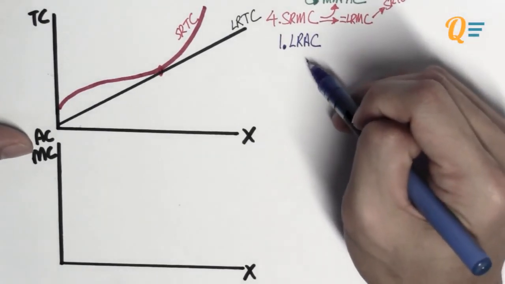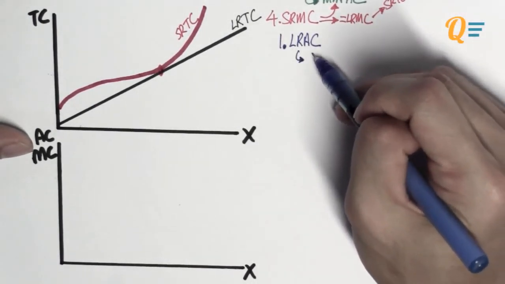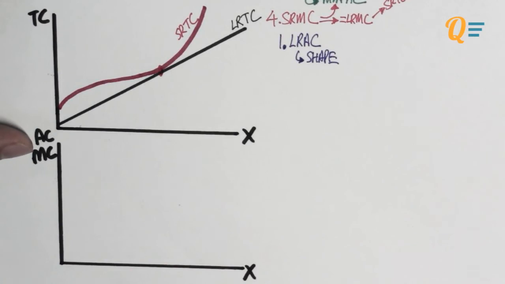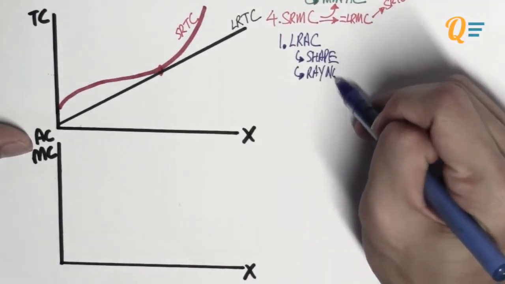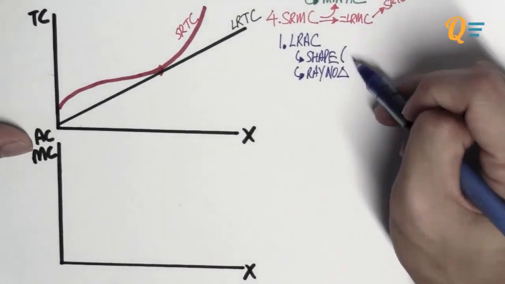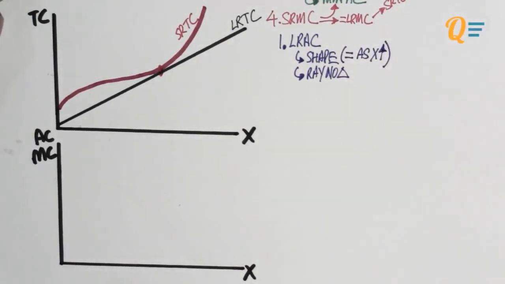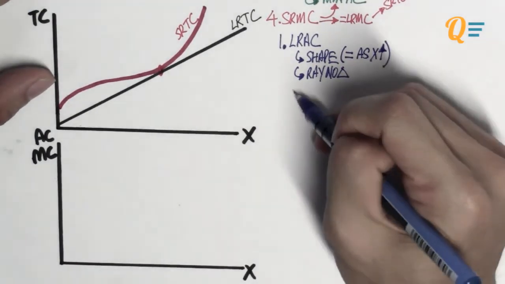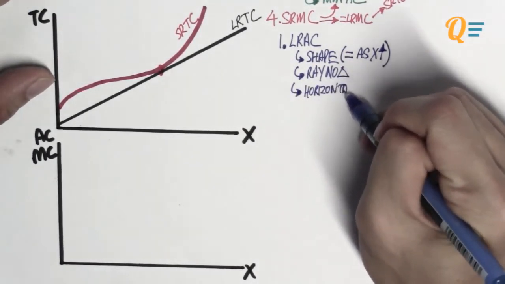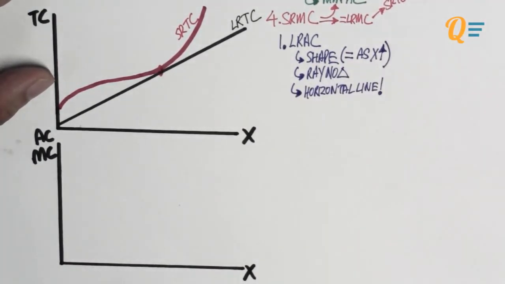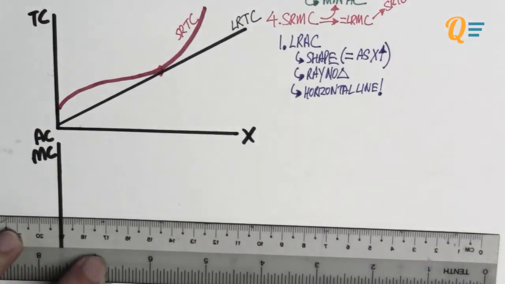Again, there is no minimum LRAC, so let's talk about the shape. You will notice that you won't be able to draw any rays to touch this LRTC because the LRTC is actually the ray itself. So the ray doesn't change throughout the entire cost of production, which means that your average cost will remain the same as the quantity of X increases. And this simply means that your long run average cost curve is going to be a horizontal line across this graph over here.